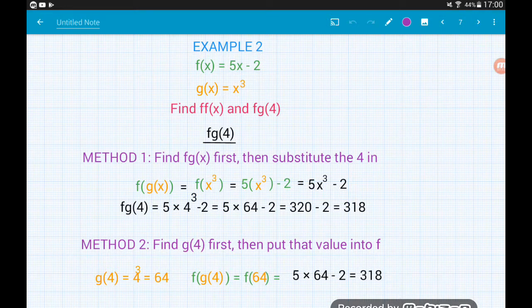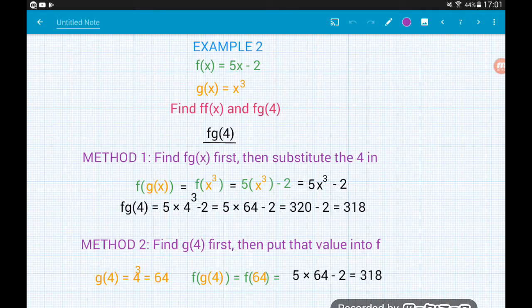Now method 2, and this is the one that I would recommend doing because it cuts out a lot of the algebra. You would just be dealing with numbers. If we find g of 4 first, find the value of g of 4, and then just substitute that into the f function. To find g of 4, in the g function, x just becomes 4. So g of 4 is 4 cubed, which is 64.